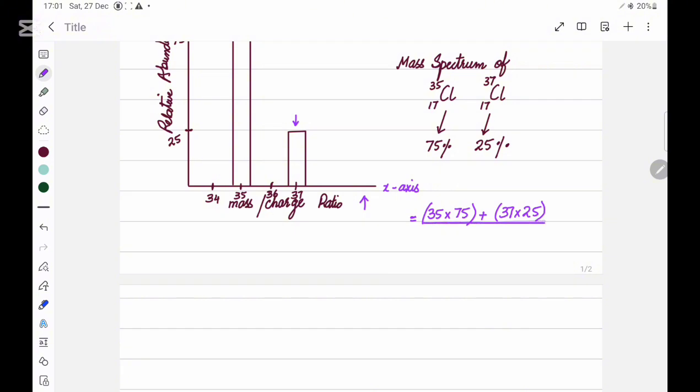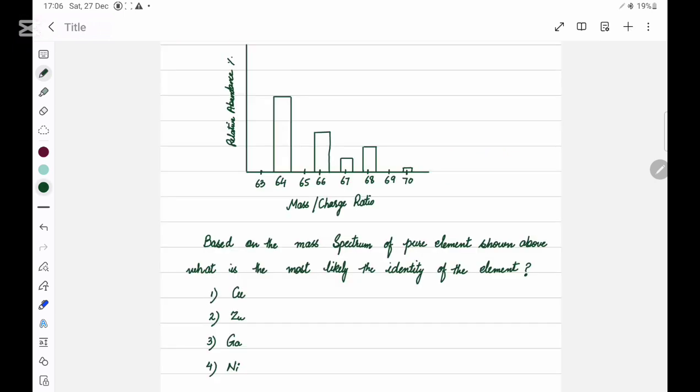Then I divide by 100. So the answer comes out to be 35.5. This is basically how to find the average atomic mass.